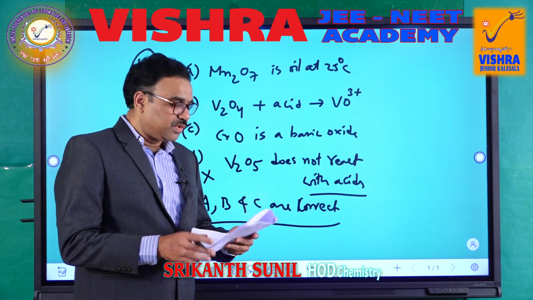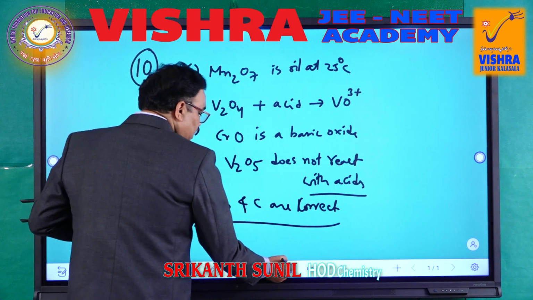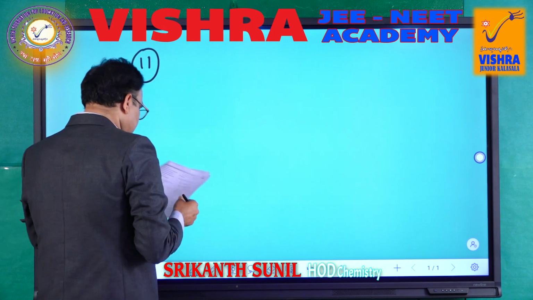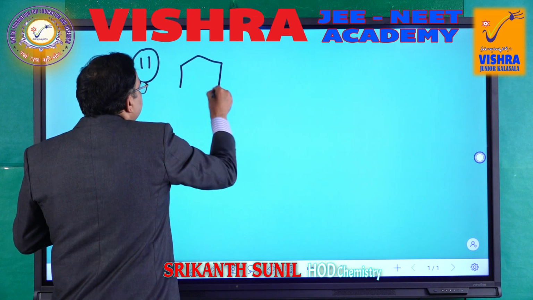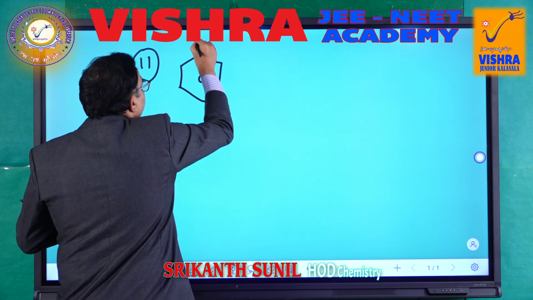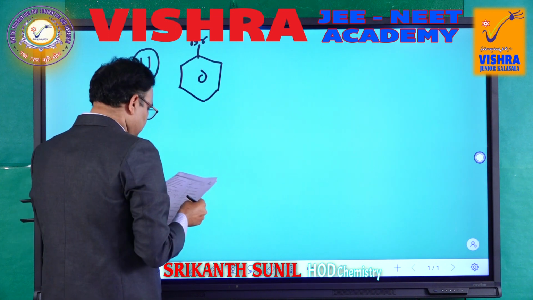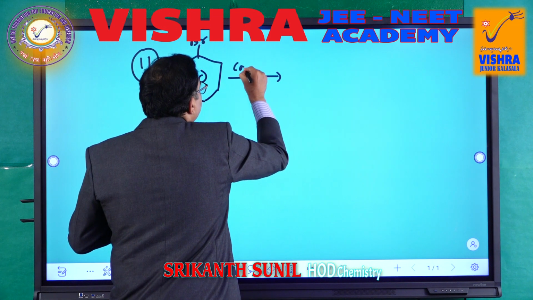Students, let us go to the 11th question. The 11th question is also based on organic chemistry, and it is very simple. You take bromobenzene. To this bromobenzene, add a nitration mixture. What is the nitration mixture?